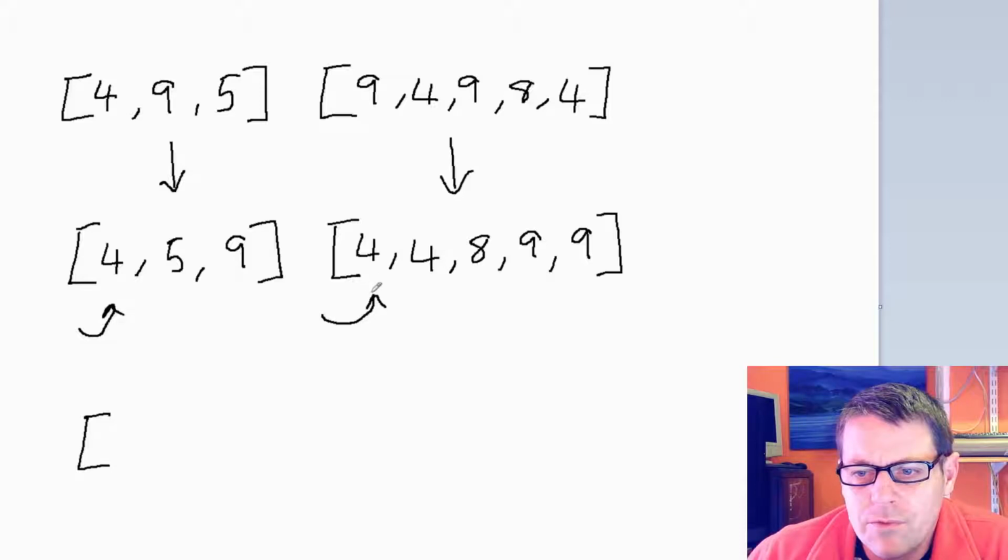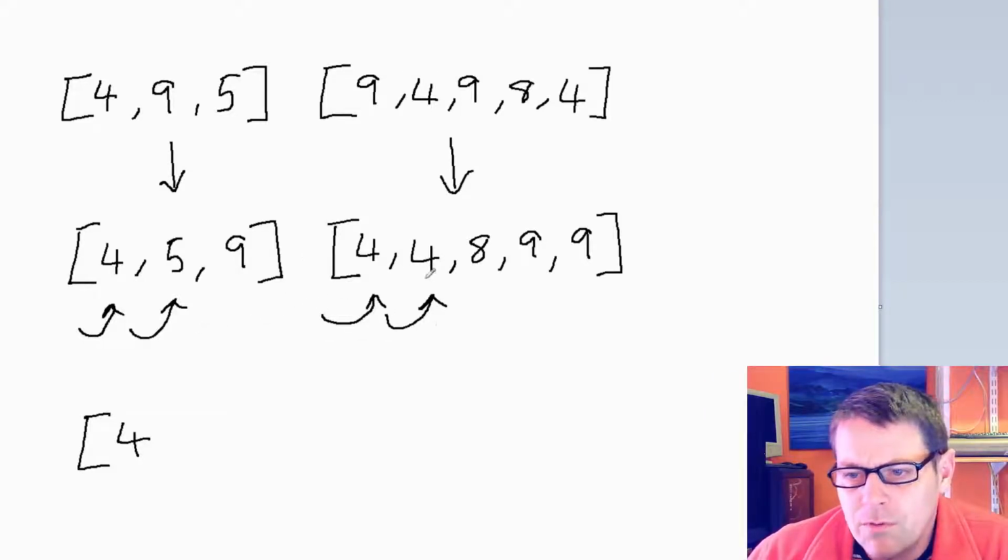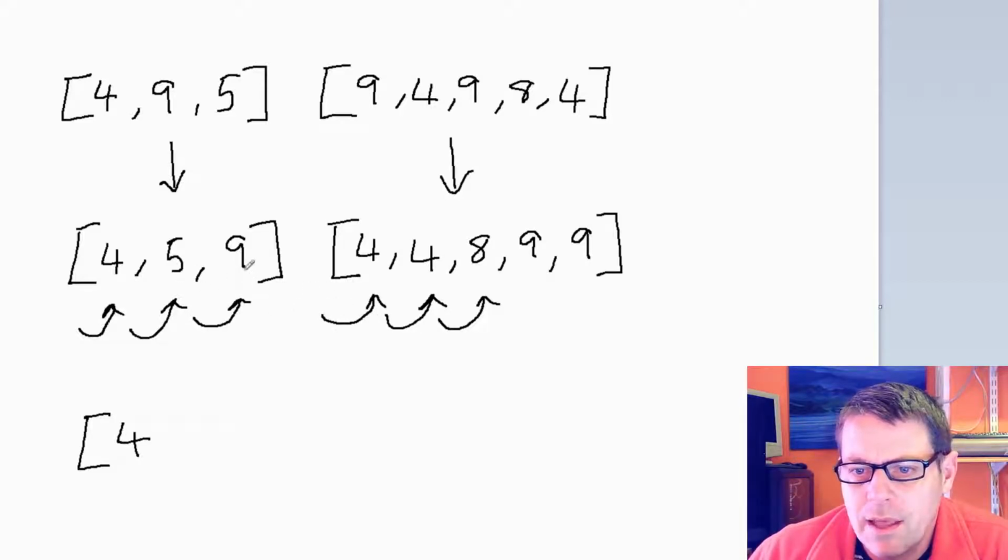So first we're looking at 4 in each, so I'll put it in our result array and move both indexes up. Then we see a 5 here and a 4 there, so I'm going to move the index at 4 up. Then we're looking at a 5 and an 8, so I'm going to move the 5 up, because it's smaller than 8. Then we're looking at 9 and 8.